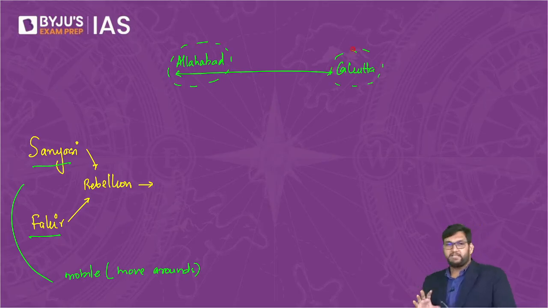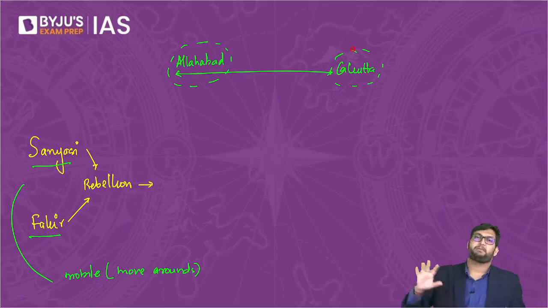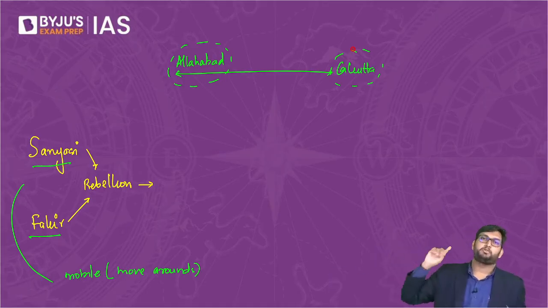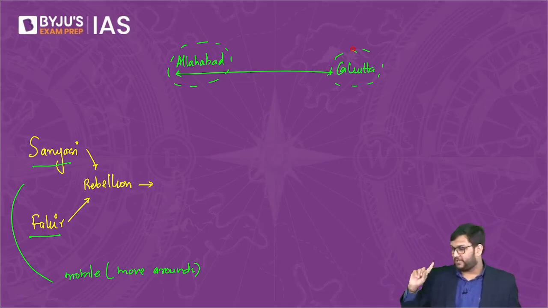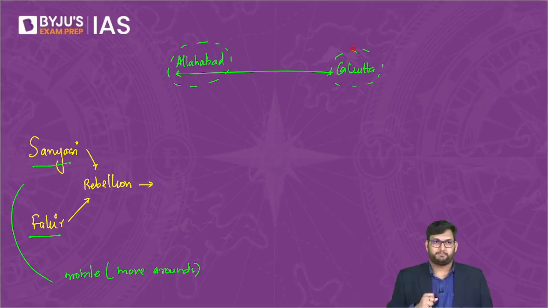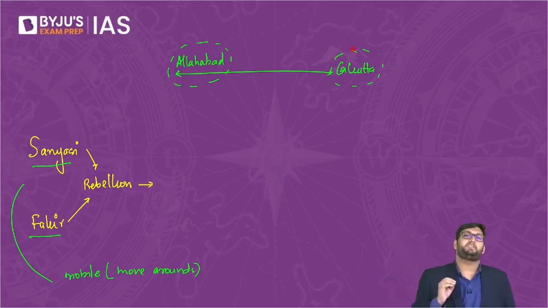They are in a way the only way information can be disseminated at this point of time. People of Allahabad don't know that they are getting exploited like in Calcutta, or the Calcutta ones don't know that they are getting exploited in Allahabad. But sannyasis and fakirs are the ones who are disseminating this information. So the British, very straightforwardly, had a problem with their mobility.